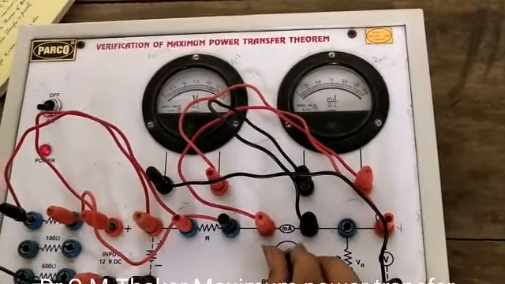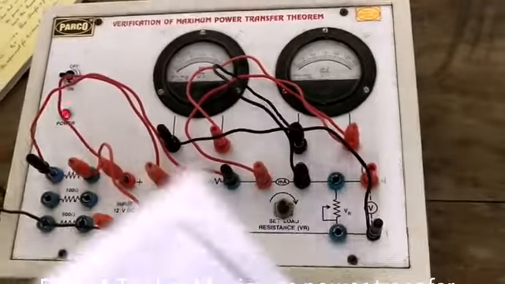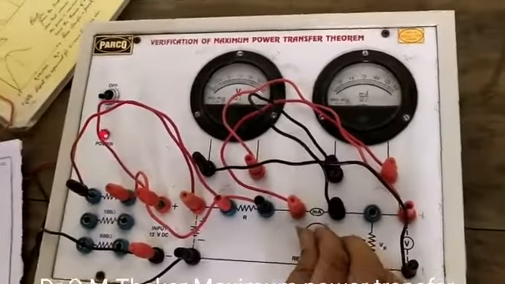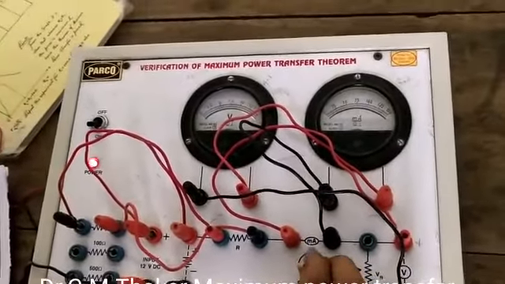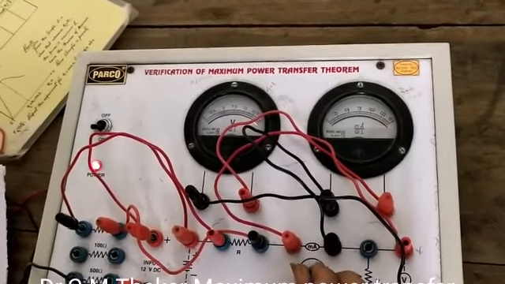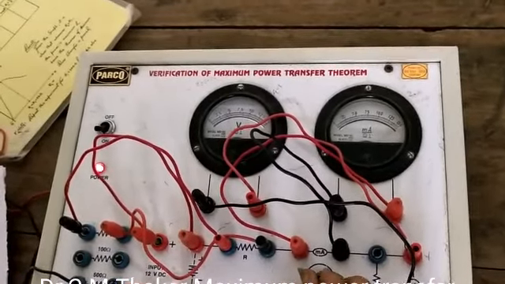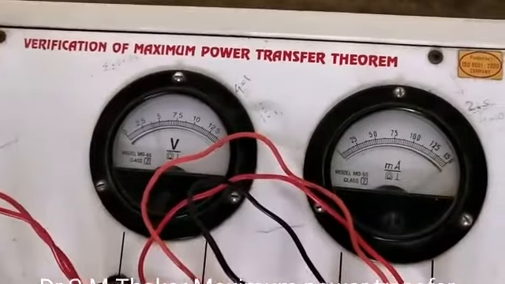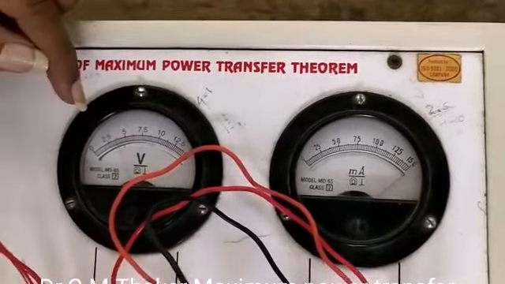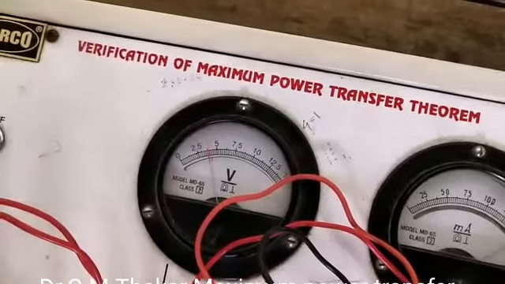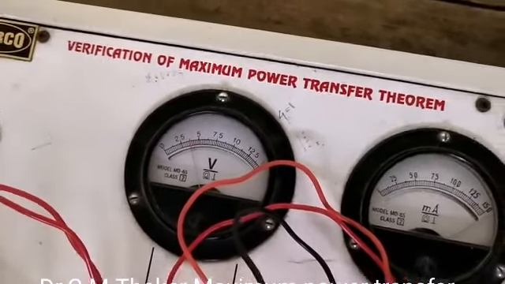Just I start to take a reading. Suppose I vary and use 150 milliampere current and measure the voltage. Voltage is almost 4 volt, right?